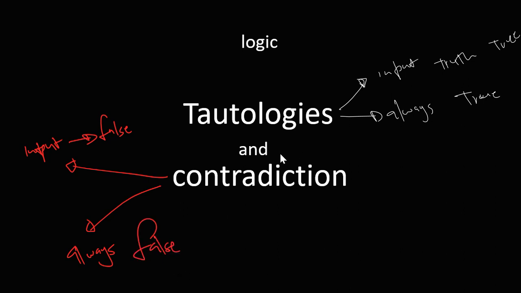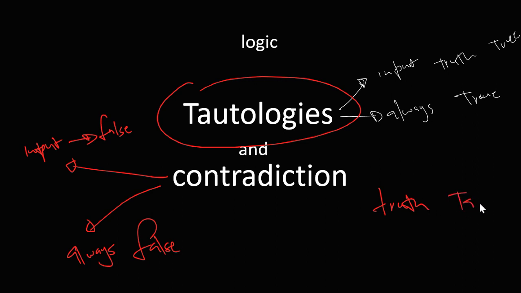These two are antonyms. We're going to use the truth table from the video we did before to prove if a statement is a tautology or not, or maybe if it is a contradiction or not.